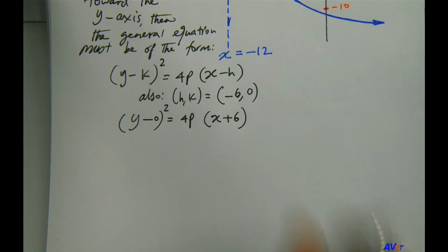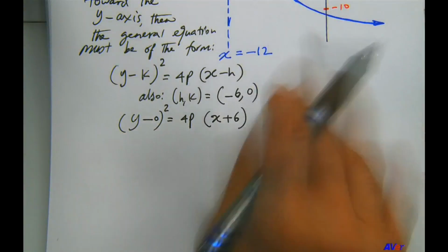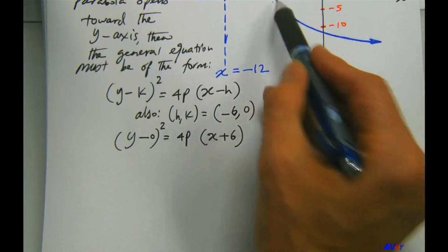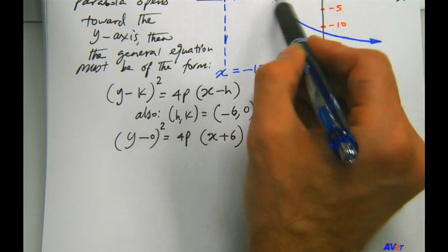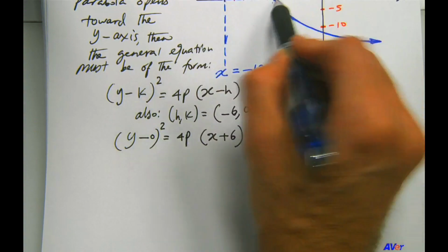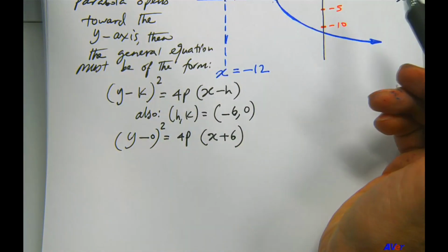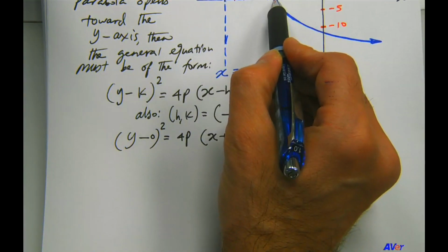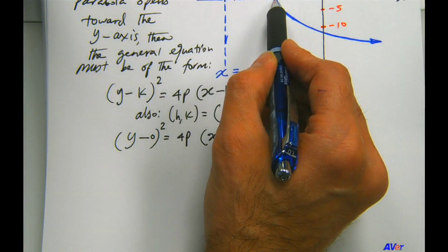So like that. Also, we know that just looking at the graph, the distance from the vertex to the directrix should be the same distance from this vertex to the focal point for this parabola.